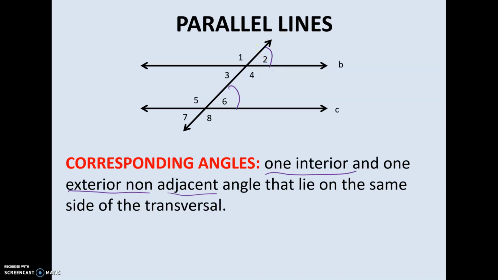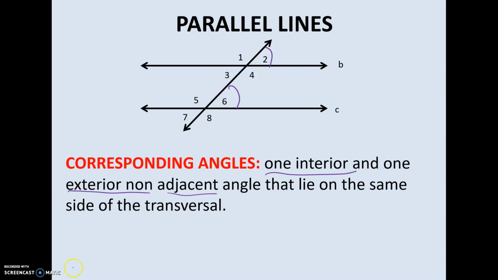They are on the same side of the transversal, and one is interior, angle 6 is the interior, and angle 2 is the exterior. So one is interior and one is exterior, they're on the same side of the transversal, but they are not adjacent to each other. They're not touching each other. Okay?